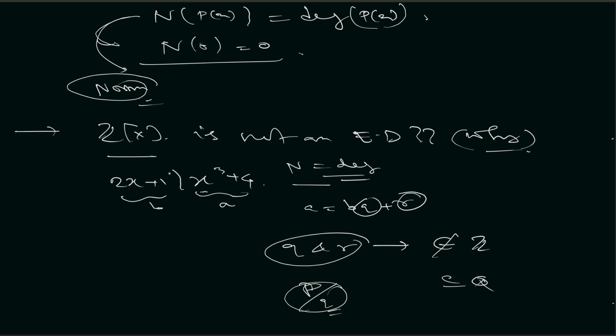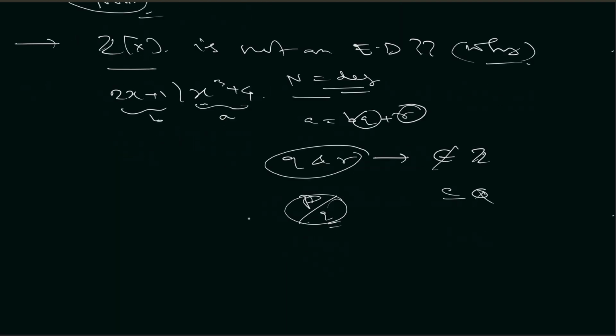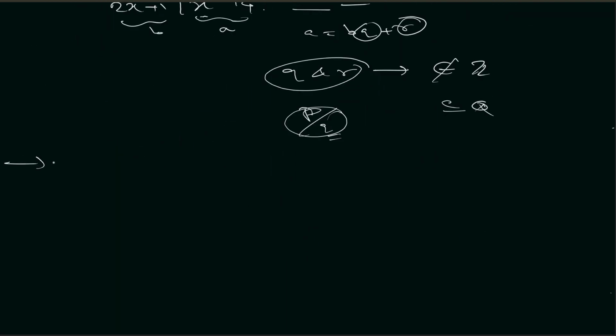So you know what a Euclidean domain is. Going further, we will show that every Euclidean domain is a principal ideal domain. Anyway, let's keep it aside. Now, what is a principal ideal? You already know it.